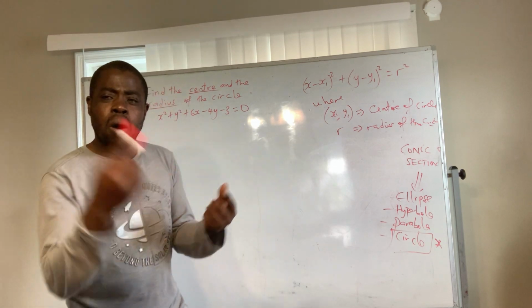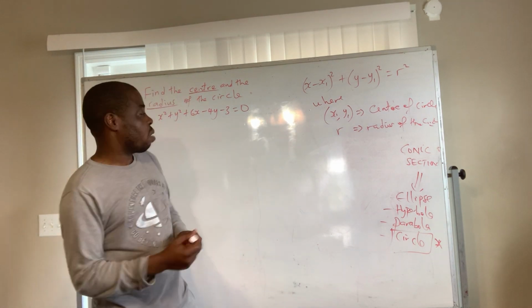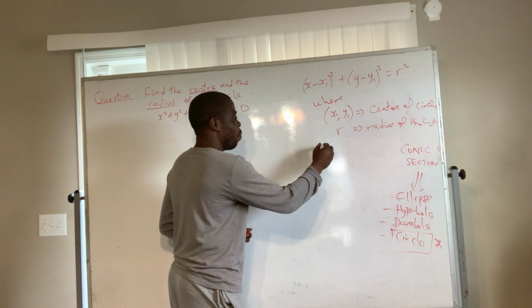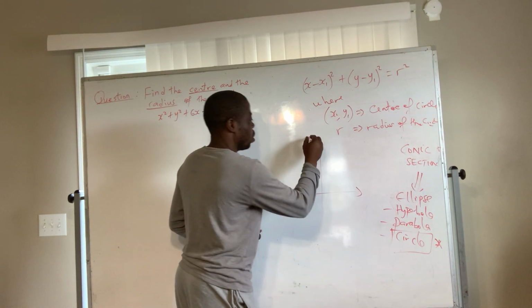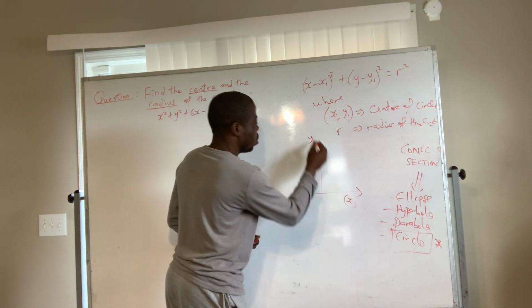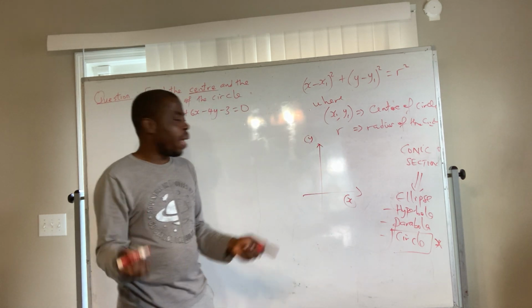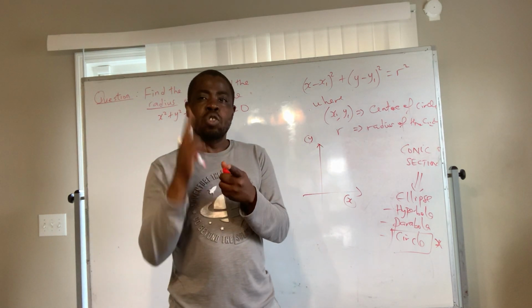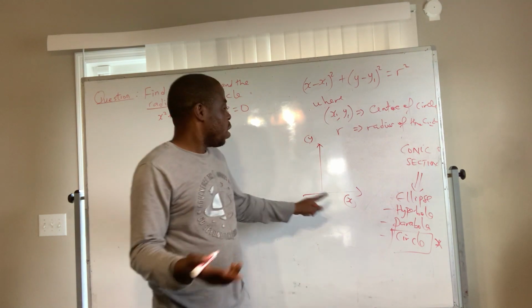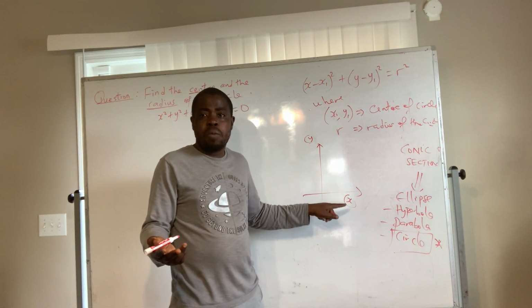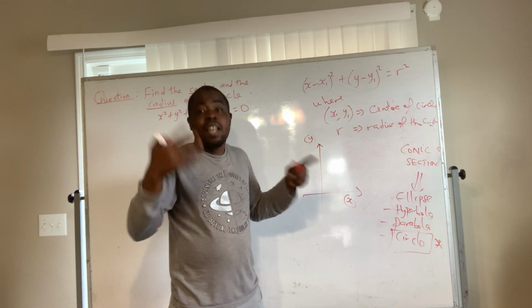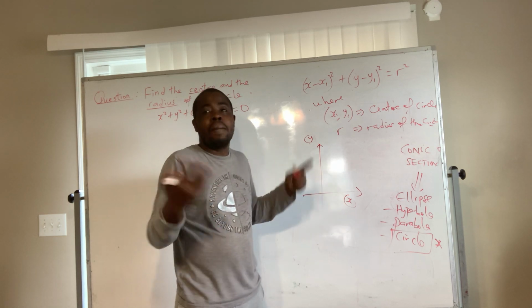Because normally your 2D circle is formed from a 2D plane, and in a 2D plane, you have only two variables working together, x and y. You can call them a and b or m and n.